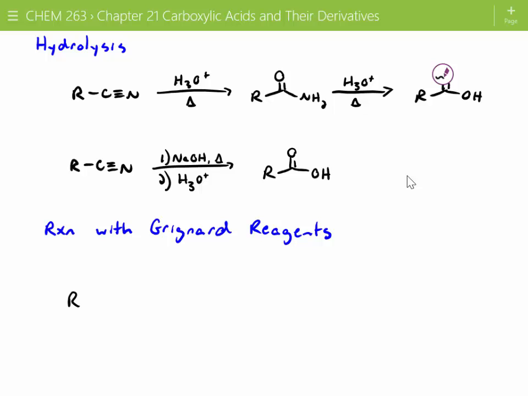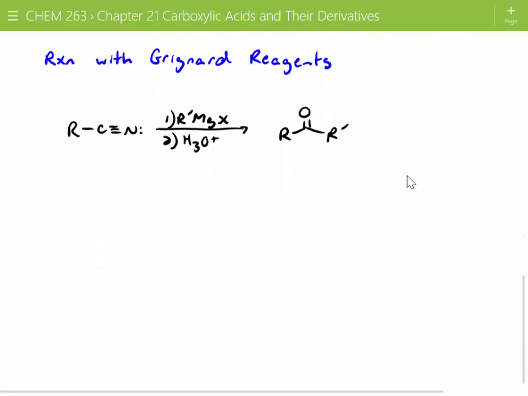You can take a nitrile, react this with a Grignard reagent, and I'm going to call this R prime, and then treat it with acid. And you can go directly to your ketone. So let's try to figure out what's going on here. This at first drives people kind of nuts because they don't see how it pieces together, but the mechanism's pretty straightforward.